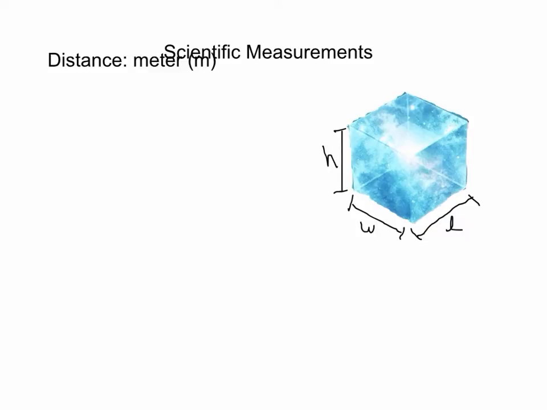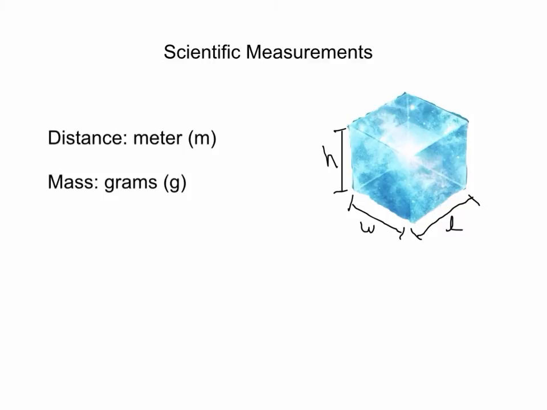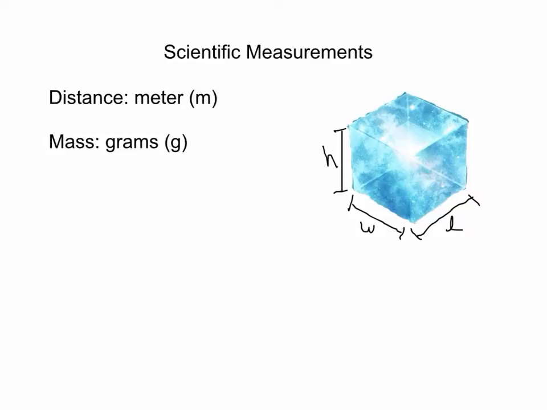Another property of this object that we can measure is its mass. Mass is measured in the base unit of grams, which has the abbreviation g. Mass can be defined as the amount of matter in an object.